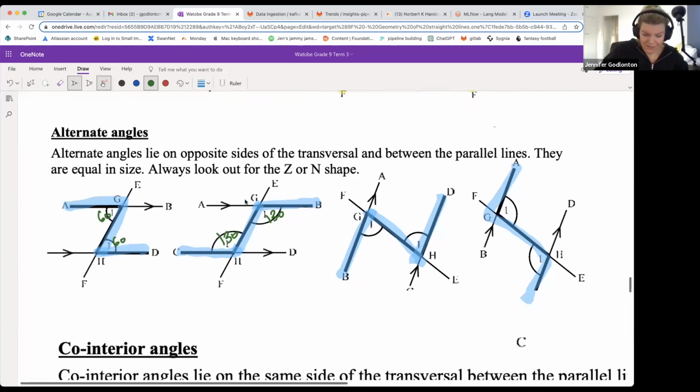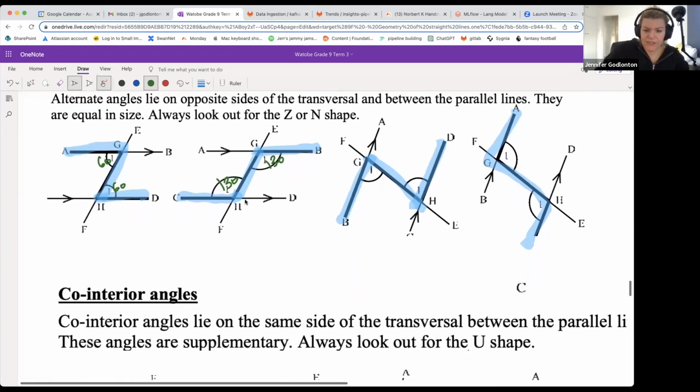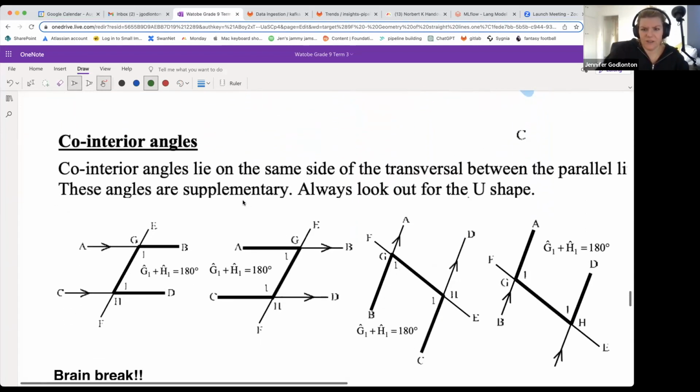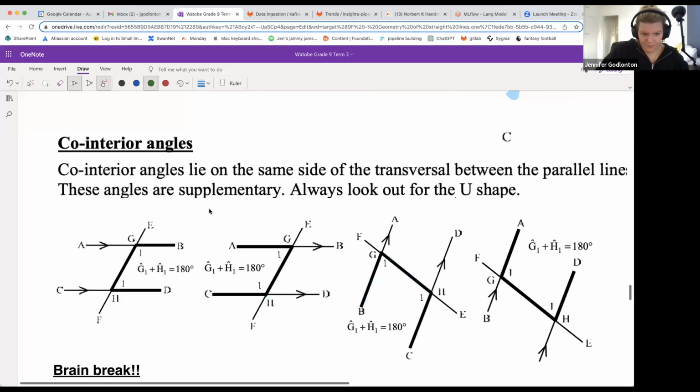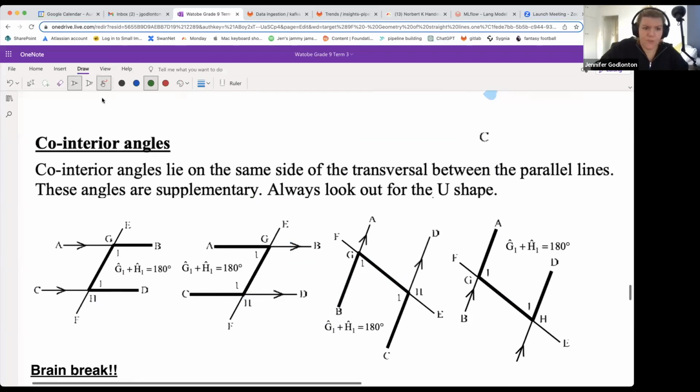Okay, and our last one is co-interior angles. Now, co-interior angles are a little bit rude. They're the only ones which are different. For this one, we want to look for a U shape. So here's our parallel line and our transversal. All of these are our U's.